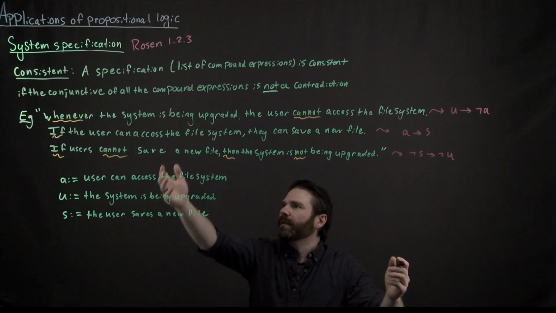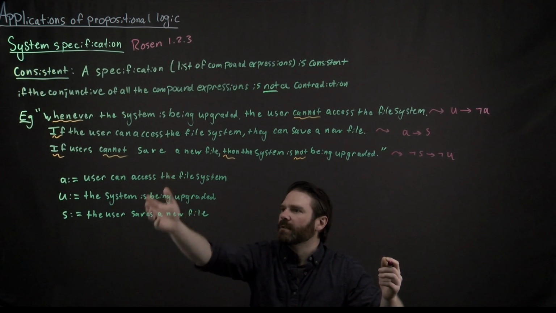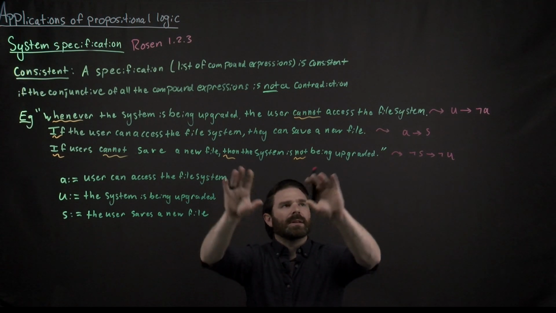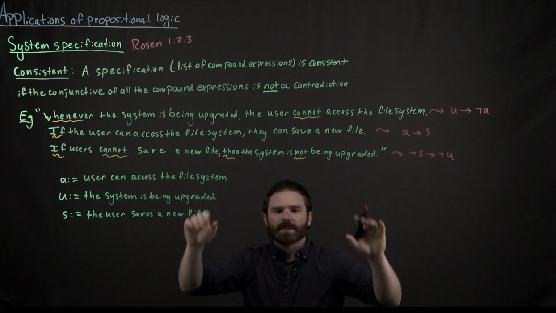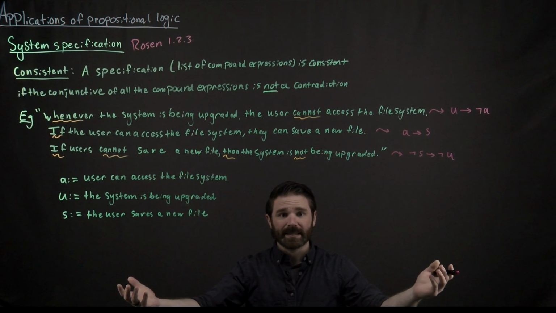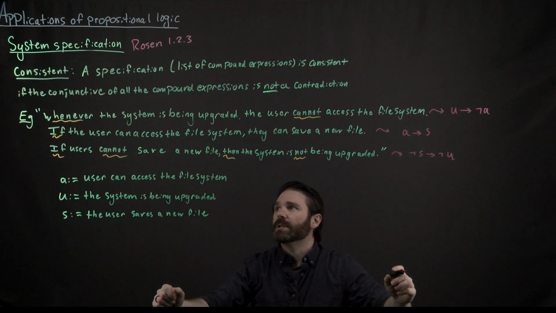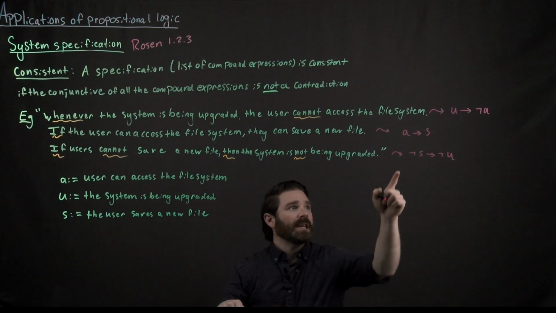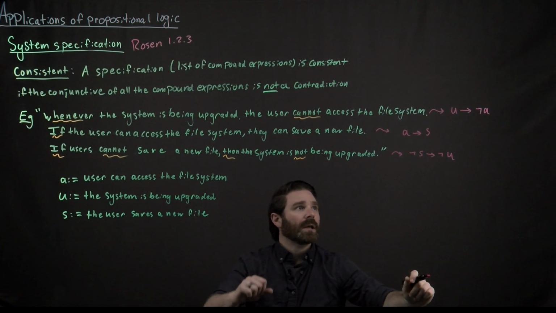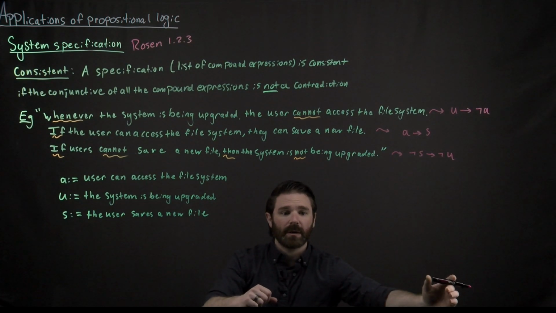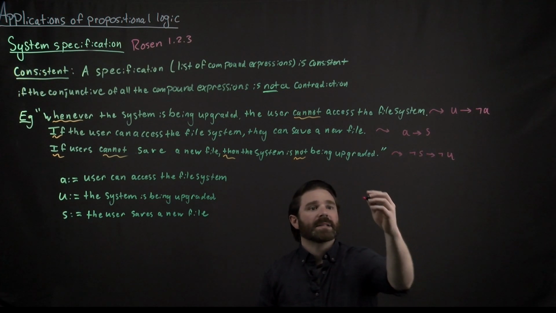Are there any truth values of these logical variables that will allow this system specification to actually be consistent or not? Well, by the definition of consistent, what I need to do is look at the conjunction of all of these compound expressions. So the conjunction of all of these compound expressions is going to be as follows.